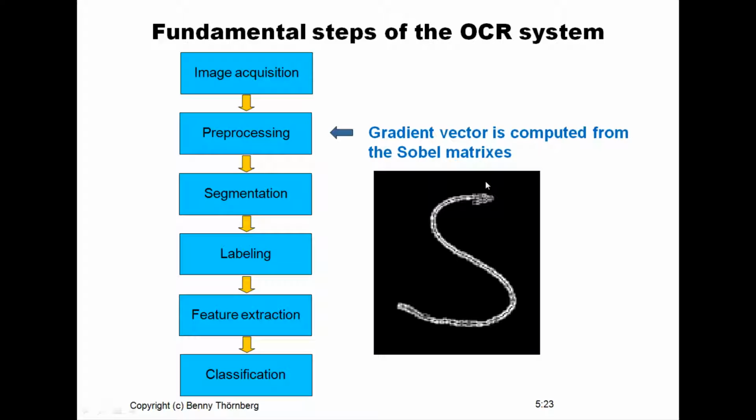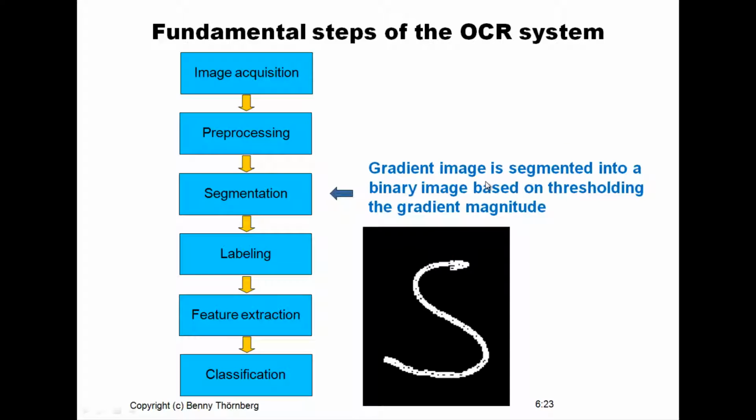From this pre-processing we apply the segmentation by simply applying a threshold value, generating a binary output image. And in this binary image, where you have the light pixels, it means that for these pixels the gradients are the strongest.